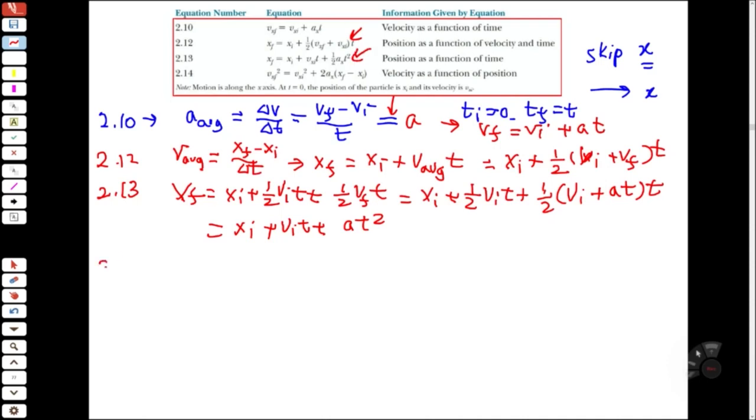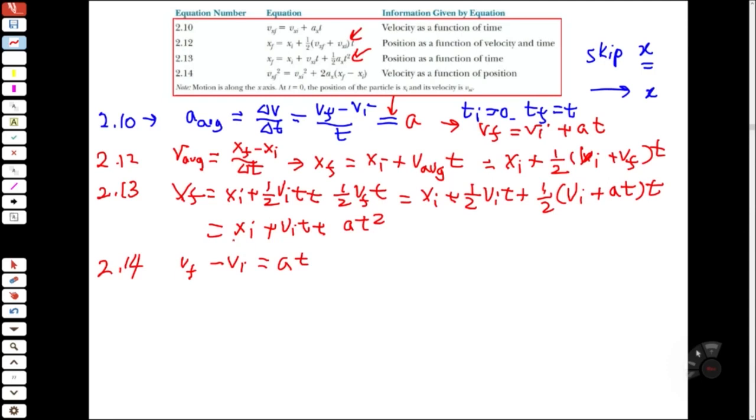Now for 2.14, the best way of calculating this is first use 2.10, from which if you push these things to the left hand side, we have vf minus vi is equal to at.